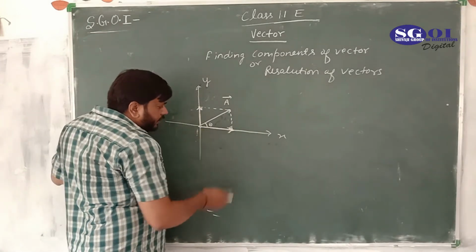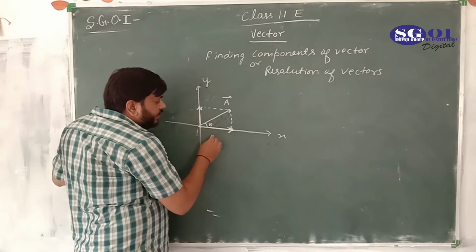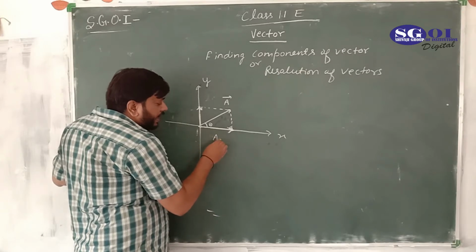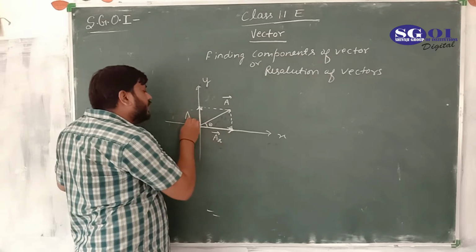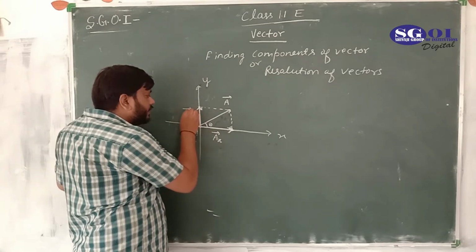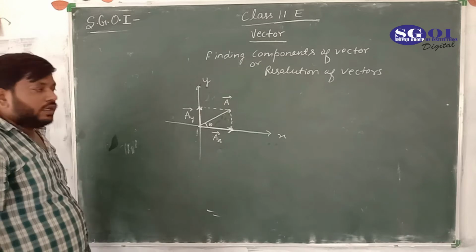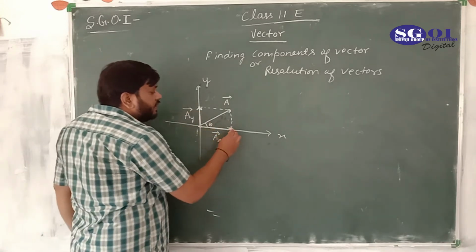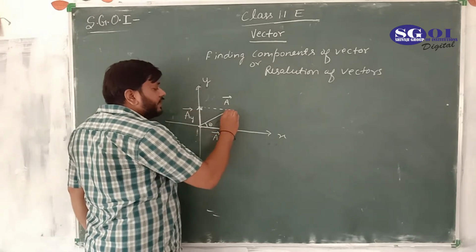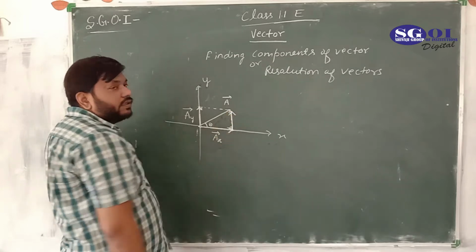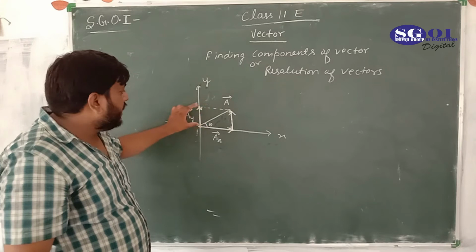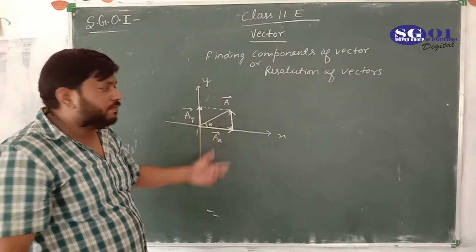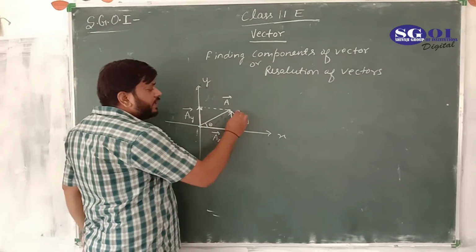So this component we name as vector Ax, and this component we name as vector Ay. And if this is vector Ay, what is this vector? This is also Ay, because both are equal in direction and equal in magnitude, so they are the same.